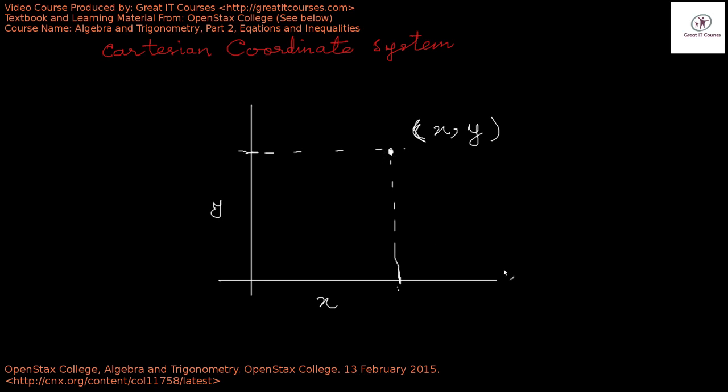So he came up with this idea, and of course he developed all the necessary parts of the system, and he invented the Cartesian coordinate system, and he called this the x-axis, this one the y-axis, and of course these axes extend this way and this way as well, and so you have a plane, and this goes to plus infinity, this goes to minus infinity.